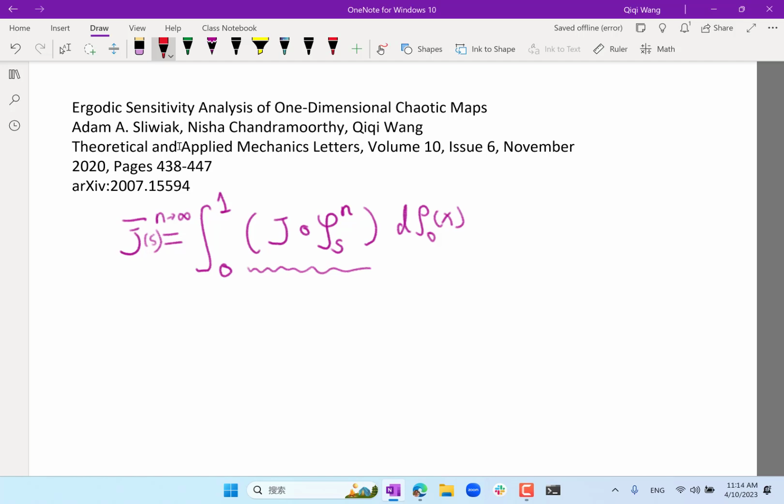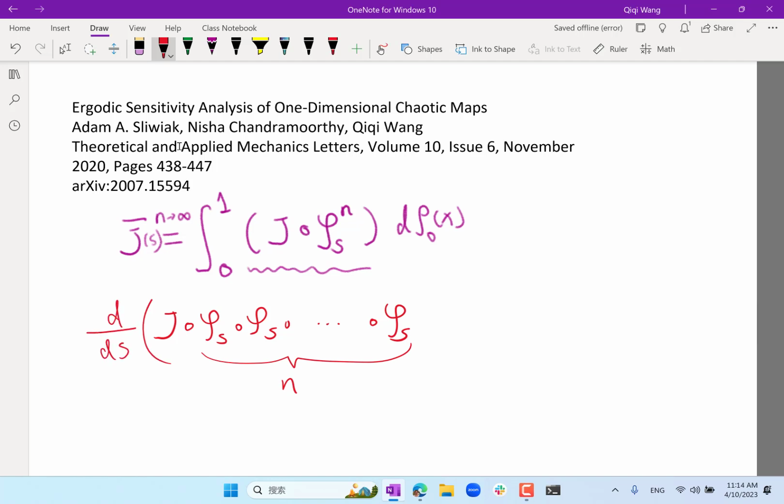But maybe none of you have ever done a chain rule with respect to a very, very long, arbitrarily long composite function, right? So it's really J composed with phi, composed with phi again, etc., composed with phi. There are n such compositions. How do we differentiate such a composite function?